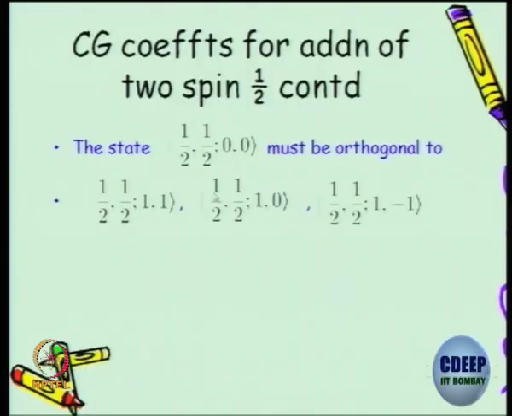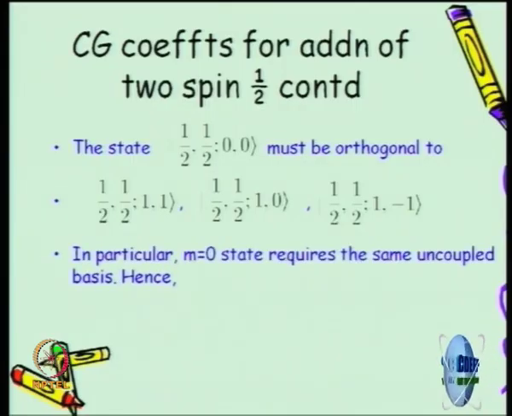The only state with which it has overlap is the 1, 0 state. We can check the orthogonality there. These things are trivially orthogonal because this contribution is with 2 up spins and this contribution is from 2 down spins, whereas to get a 0 you need 1 up and 1 down. So there is no way, they will all be orthogonal. We only need to check that this is orthogonal to the different J but the same magnetic quantum number, which is what we did for this case.